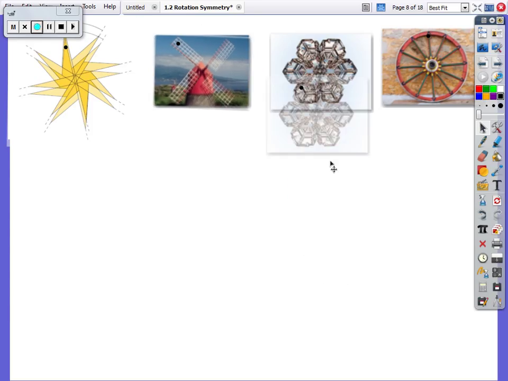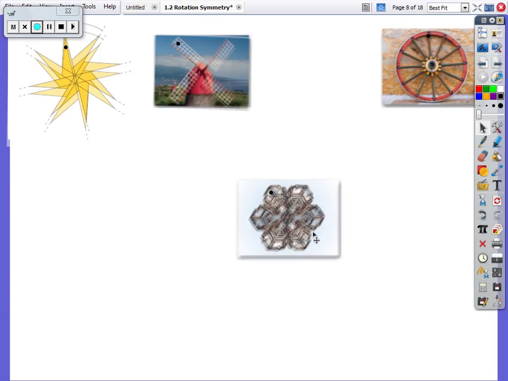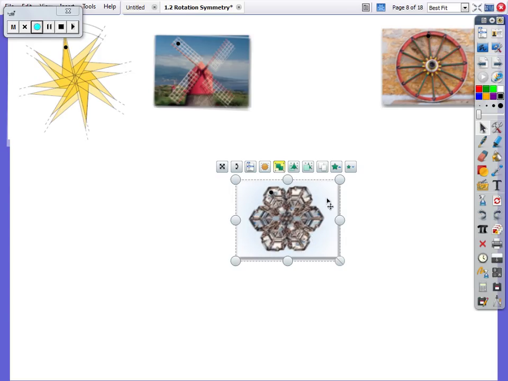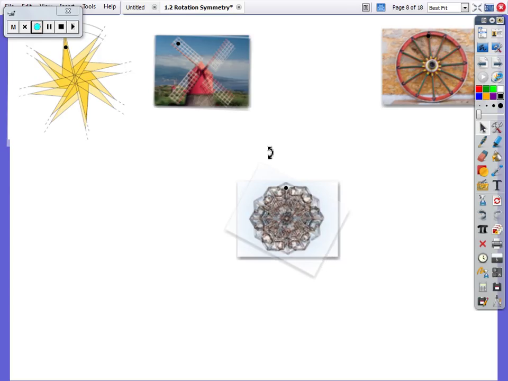With the snowflake, this one's hard to get exact. If you rotate, so there's 1, 2, 3, 4, 5, 6.